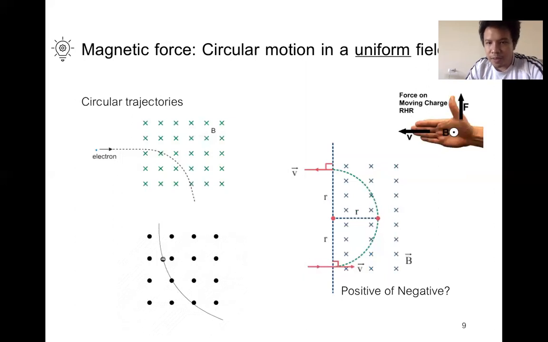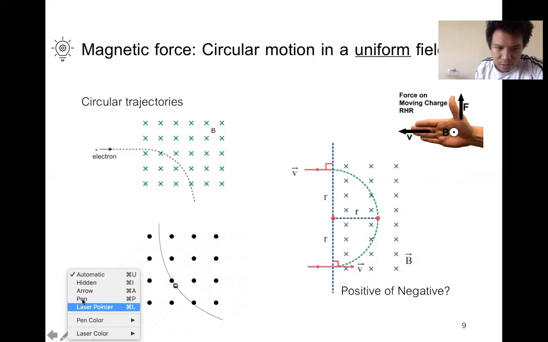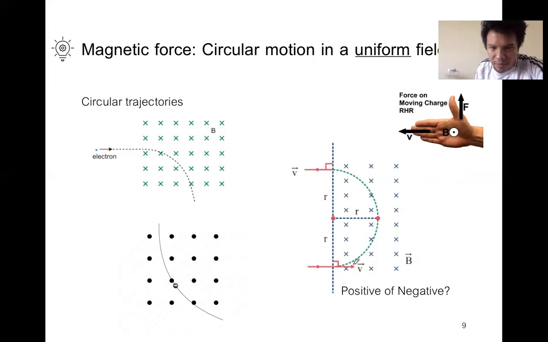So let's try to answer this question together. If we have a path like this, so it starts from down and curves and goes up, curving and going to the left hand side, should this one be positive or negative? I would consider 1 point.